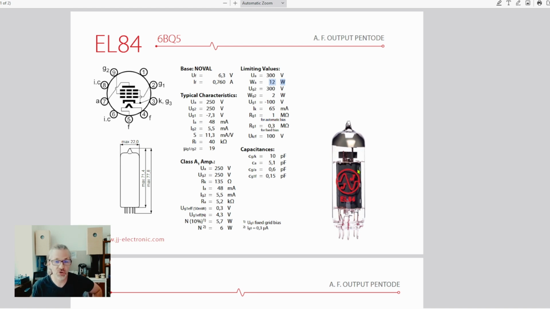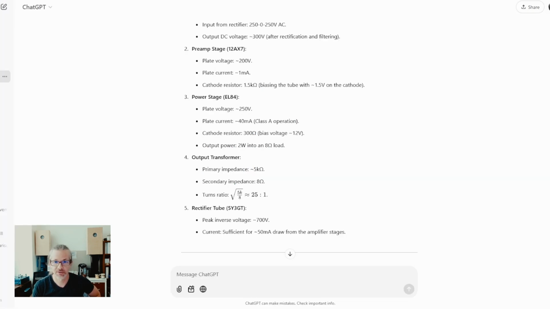You are cooking the tube alive, and that the cathode current is a little less is not going to help, because these two values, the voltage and the plate dissipation, are maxed out and way beyond max out. So this operating point is not good with this supply that it recommended.